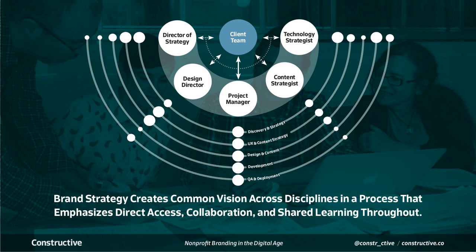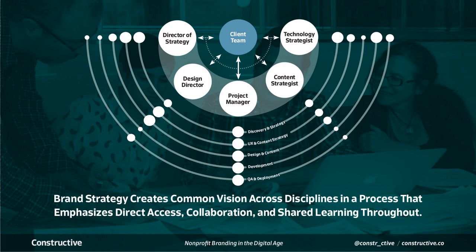And when you see how the phases spread out here, a typical website design and development process, you have discovery and strategy, you have UX and content strategy, then you move into design and content development, then you move into actual website development, and then you have QA testing and deployment. And what you see here is that the direct leads of the teams work directly with the client. Sometimes the folks underneath them are brought into these meetings, but they're always continuing to work. And throughout each phase, each team lead is more or less involved.